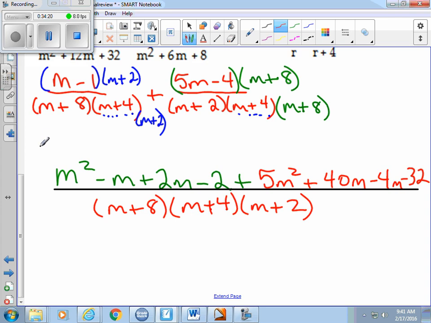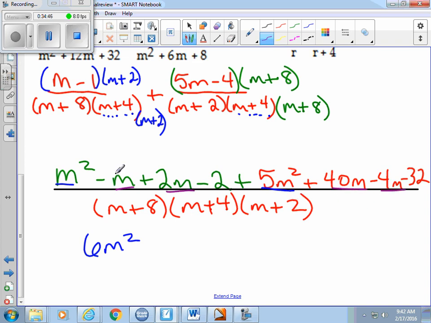What do I do on the top? Combine like terms. So the m squareds make 6m squared. The m's, we have a negative m, a positive 2m, a 40m, and a negative 4m.